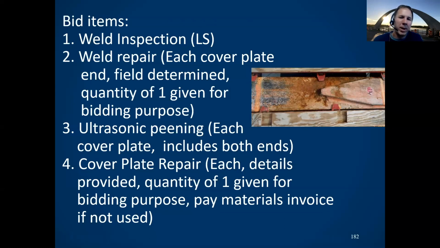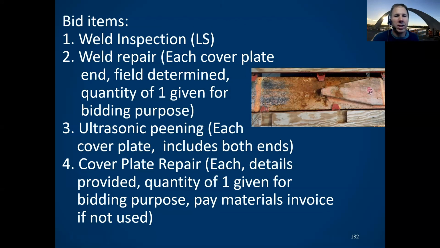Next, we'll have a weld repair item. What exact weld repair we do out there is where it gets kind of messy. If it's a shallow defect, like a crack within the weld, it may be simply grinding out the weld. If it has penetrated into the flange, it may be a hole that we drill into the existing girder flange.